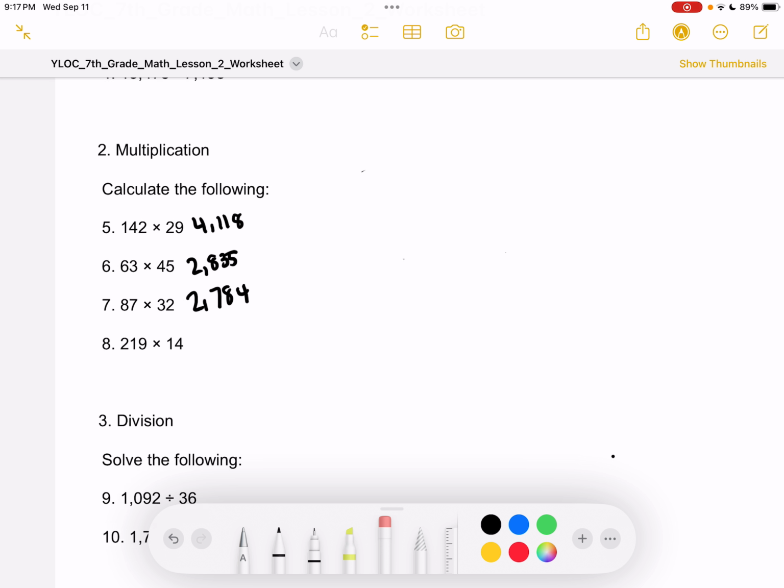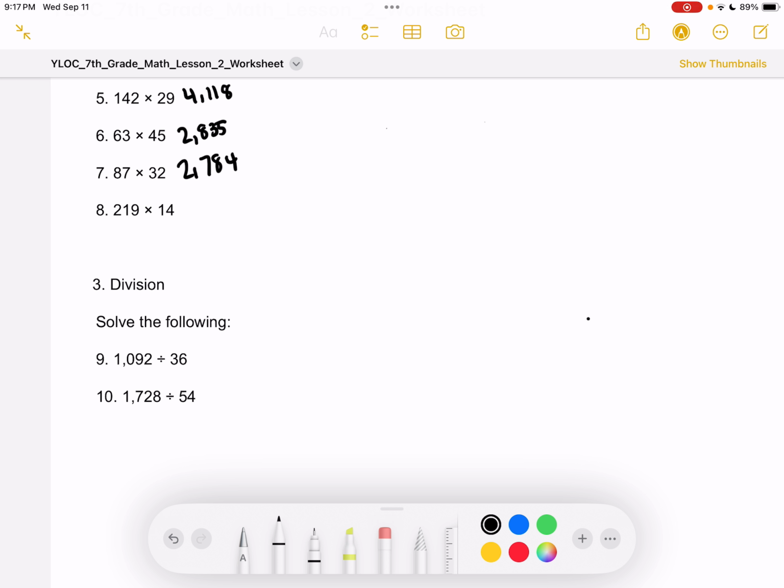Now we'll move on to the next section, which is division. We do 1,092 divided by 36. 36 goes into 109 3 times. We would get a difference of 1, and we would drop down the 2. 36 doesn't go into 12, so just put a 0.